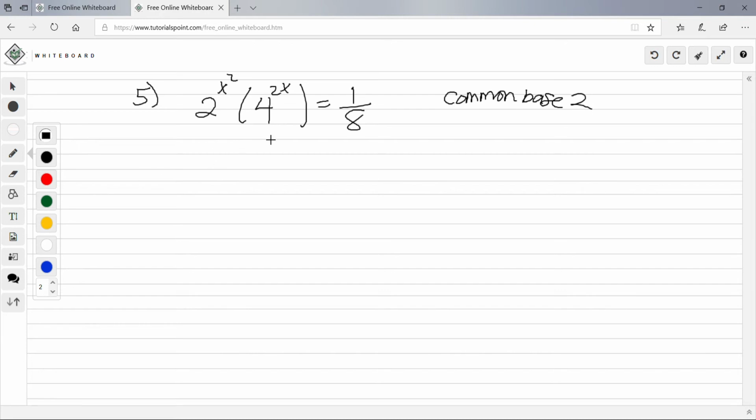We have 2 here, so we don't need to touch that. So what about the 4? 2 to the what gives you 4? 2 squared, right? And then don't forget this 2x.